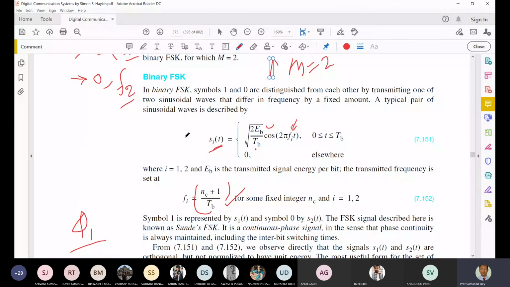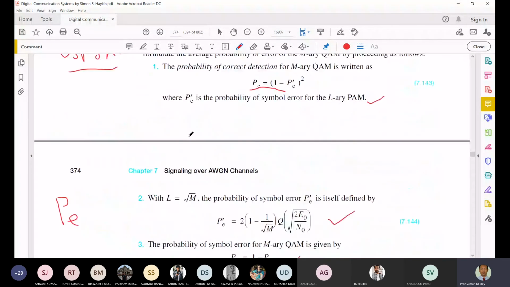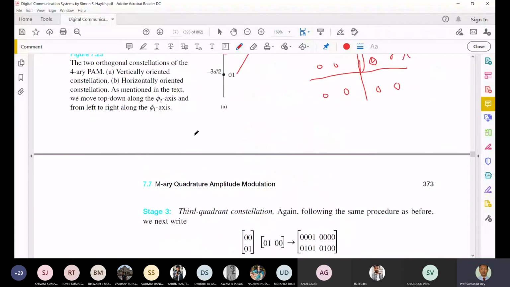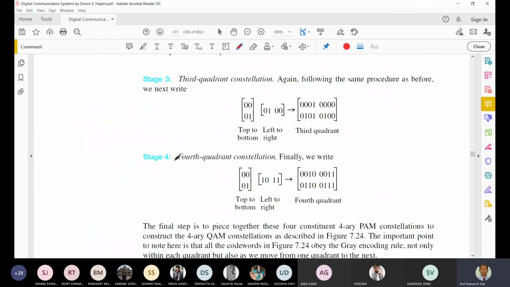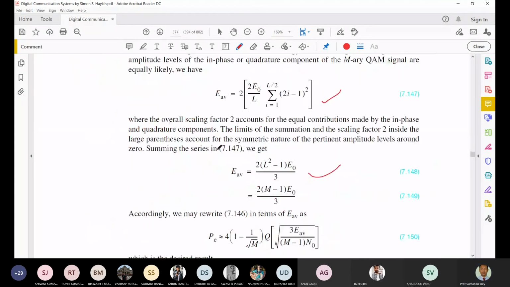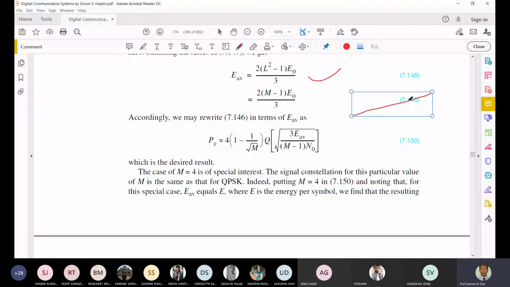Okay. So if you look at PAM, or basically your ASK signal, or phase shift keying, in the PSK signal we have taken a single basis function. So this is the only decision making point, and this is phi 1, the basis function.